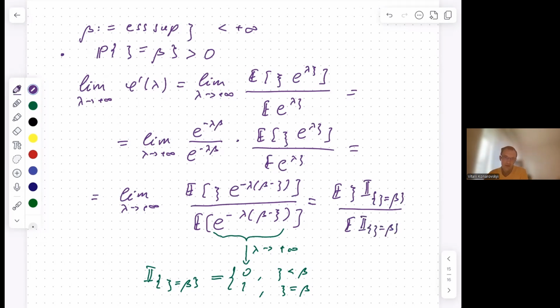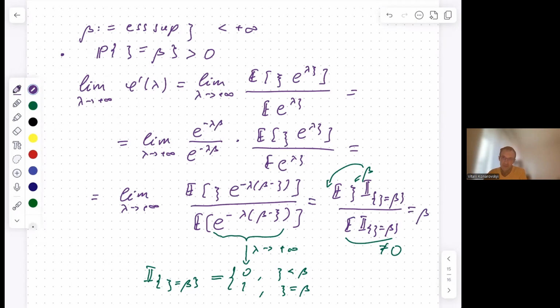And now you see why the fact that Xi is equal to beta with positive probability plays a role here, because in that case your denominator is not equal to 0. You multiply Xi by the indicator, therefore Xi is equal to beta. You can replace Xi by beta, nothing happens. You can move beta outside the expectation, and you have two identical expectations, which cancel each other. And the limit will be beta.